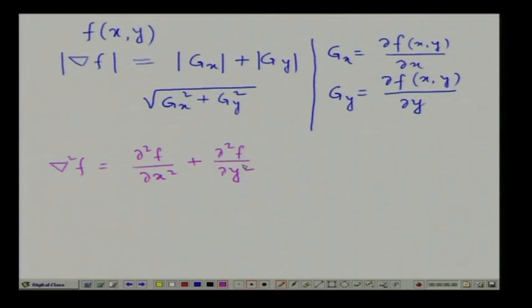And we have seen earlier that to implement these operations in case of digital image, we can have different types of differential operators. One operator can compute this grad f, and the other operator, that is Laplacian operator, can compute the Laplacian of the given image f x y.